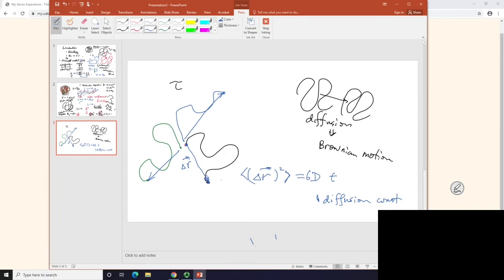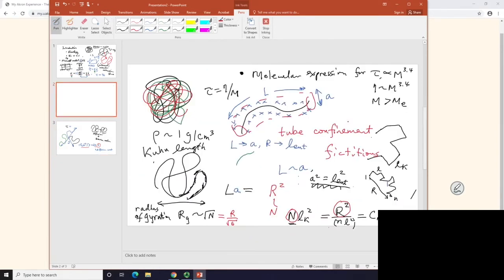This made it easy for us to describe, using this idea, you can see that if you want to have something about time, you really are going to look for length squared, and you're going to look for a diffusion constant. Okay? So in our problem, when we had a chain in a tube, as we had here, our length is the tube length.